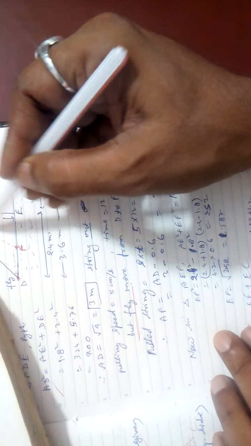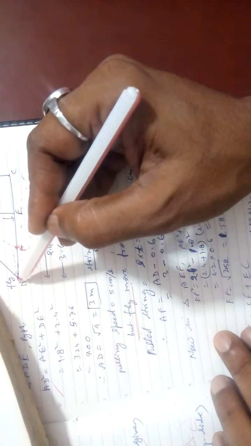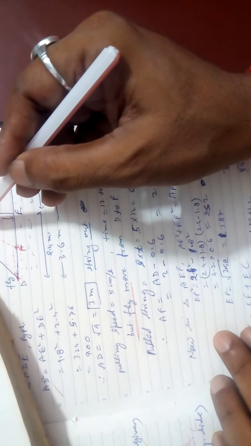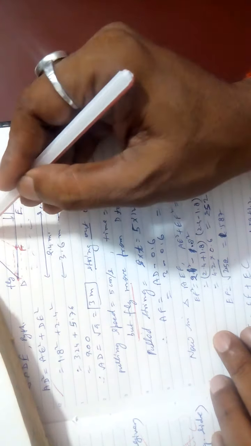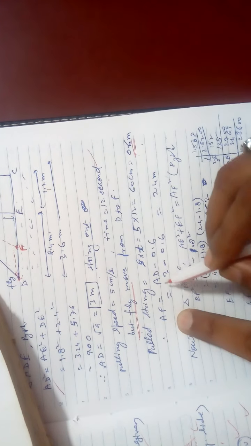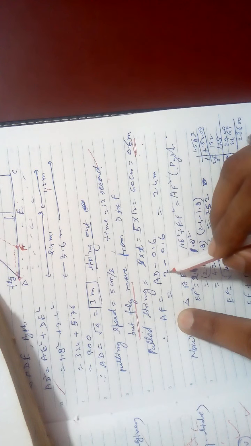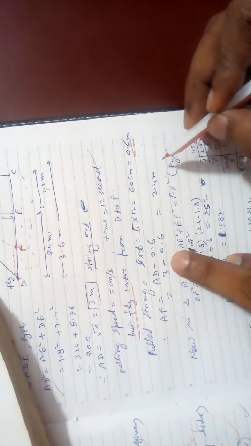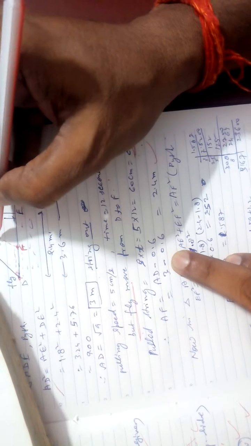What is now AF? AD was 3 meter, now AF is left. AF is reduced by 0.6. So AF is equal to AD minus 0.6. AD is 3. 3 minus 0.6, you are getting 2.4 meter. It is now 2.4 meter left.